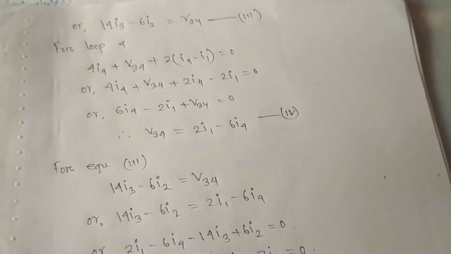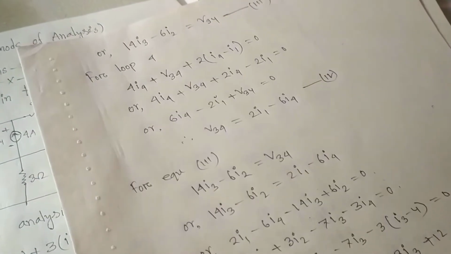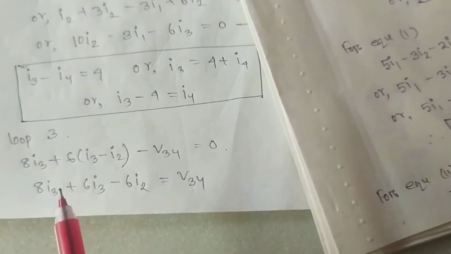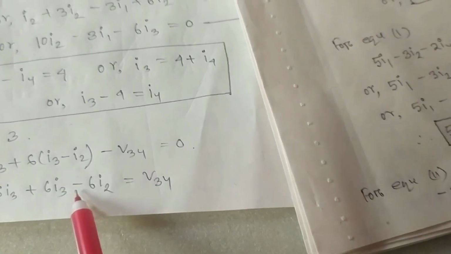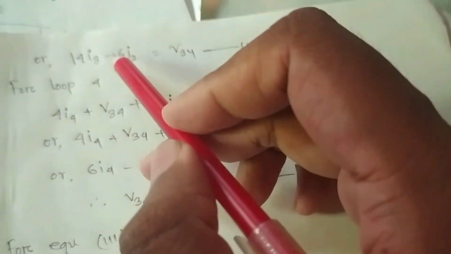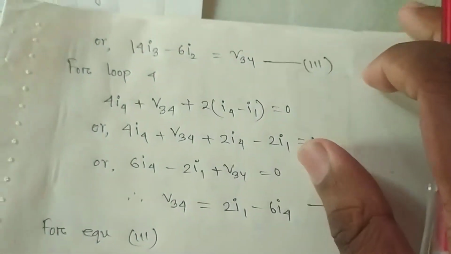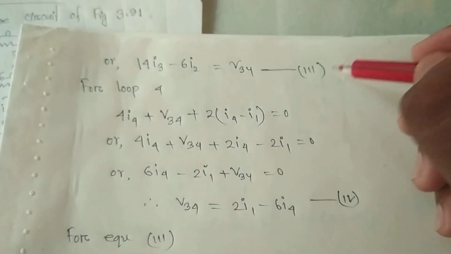Sorry, this is another math solution. 8 I3 plus 6 I3 minus 6 I2 equals V34. That is equation 3: 14 I3 minus 6 I2 equals V34.